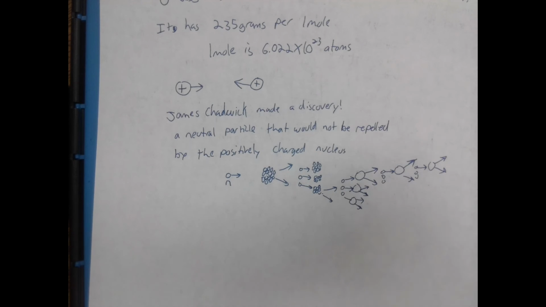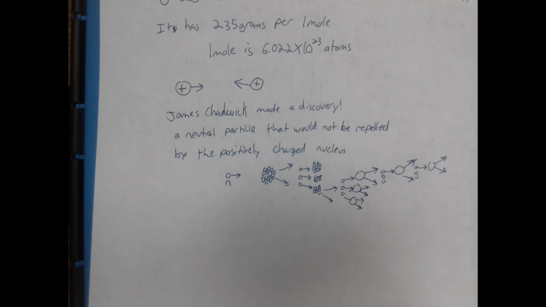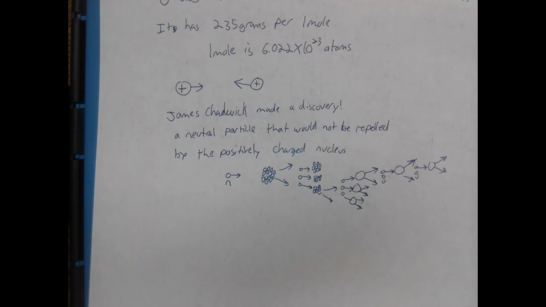But this is random. Sometimes splitting it won't produce any neutrons. Sometimes it will produce one neutron. Sometimes it'll produce two. Sometimes it'll produce three. Again, you're randomly breaking this apart.